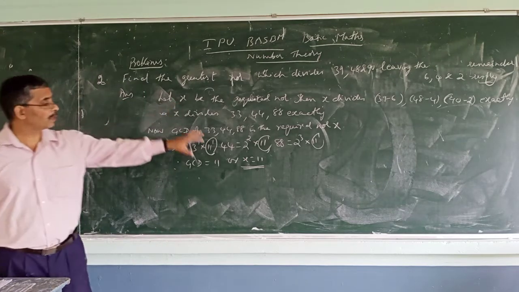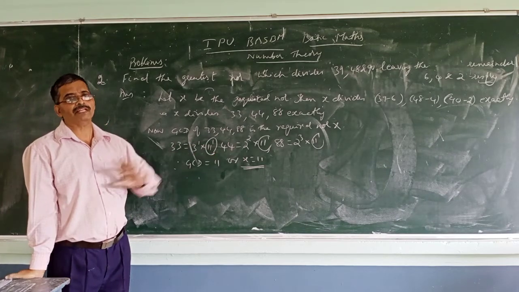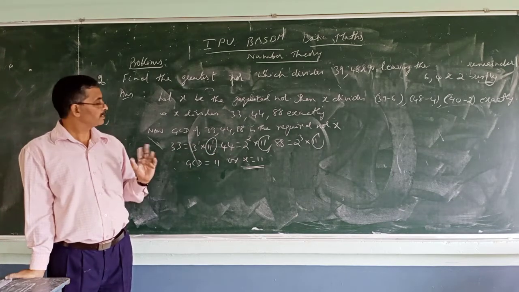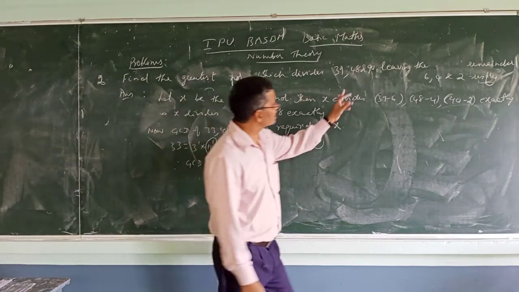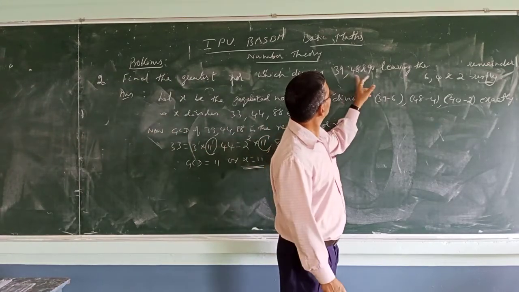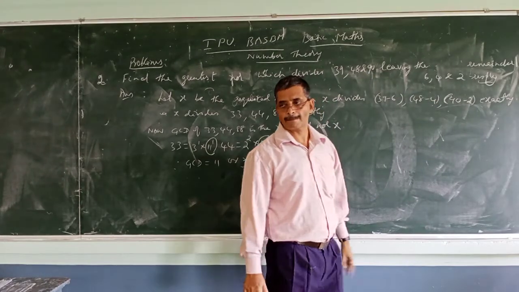So in this problem, we have to get the greatest common divisor of 33, 44, 88, because the remainders 6, 4 and 2 must be considered when you divide these three, so it is 11.